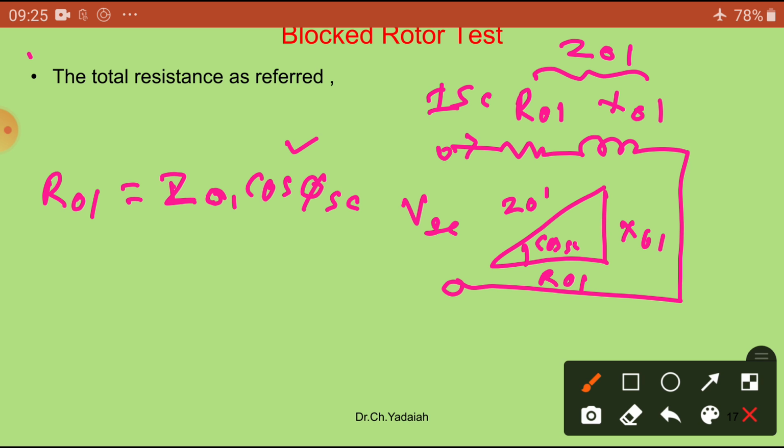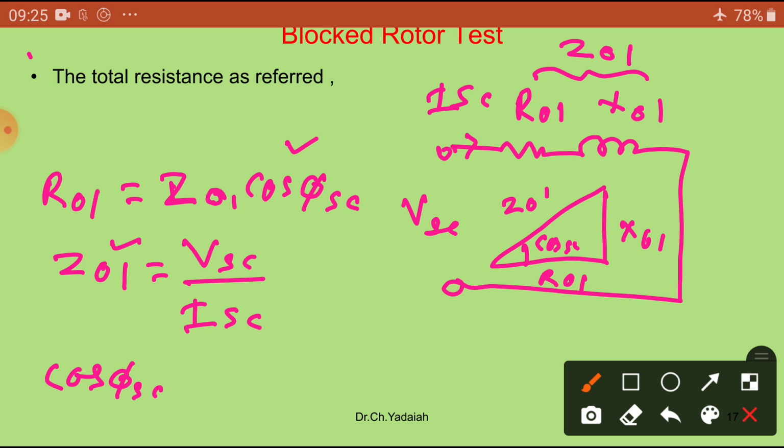How are we going to get Z01? Impedance is equal to the voltmeter reading VSC by the ammeter reading ISC. Cos phi SC is already calculated: cos phi SC is equal to WSC divided by root 3 VSC ISC.